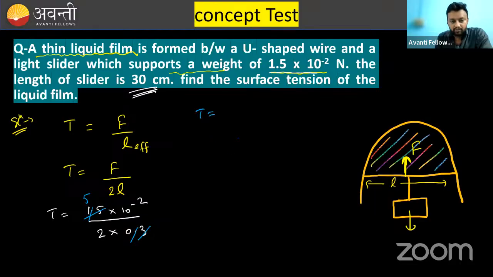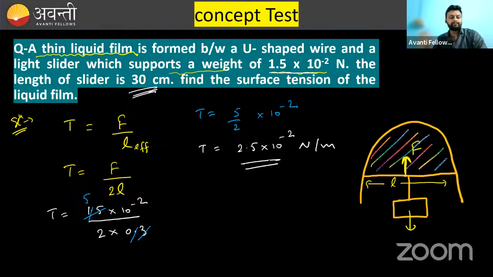So T is equal to 5 by 2 into 10 raised to the power minus 2. You can again write T is equal to 2.5 into 10 raised to power minus 2 Newton per meter. This is what the surface tension of the film is. I think it is clear.